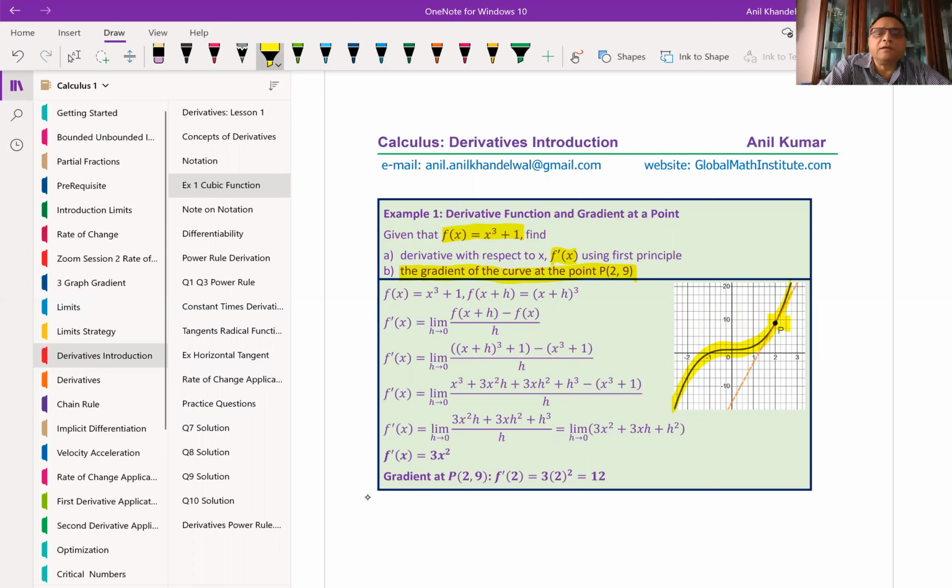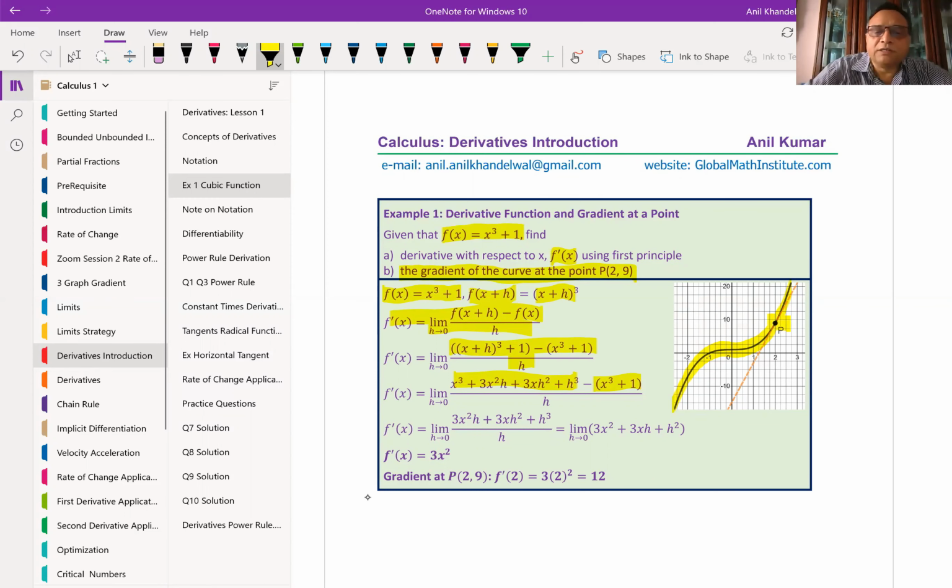We know that the function f of x is given to us. For f of x plus h, we replace x with x plus h in the expression. Using the difference quotient formula, we substitute the function itself, and (x plus h) whole cube is expanded here, and then you simplify the terms.